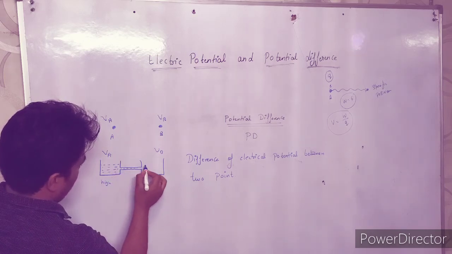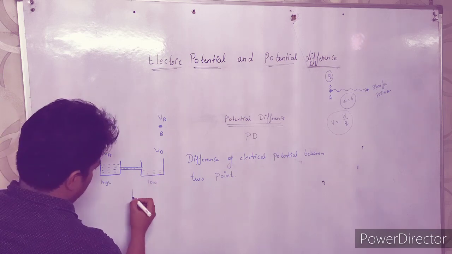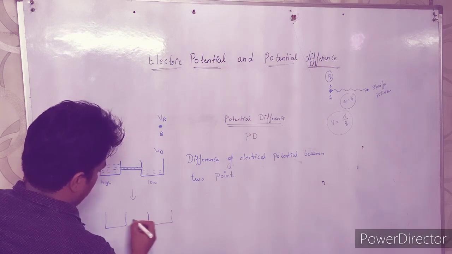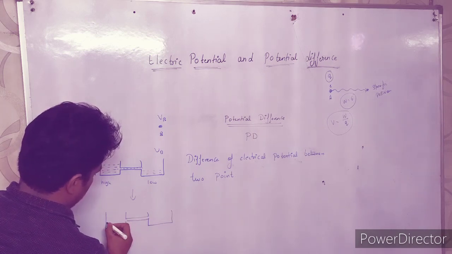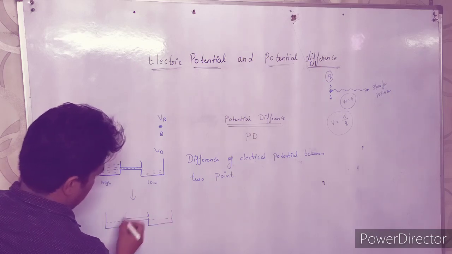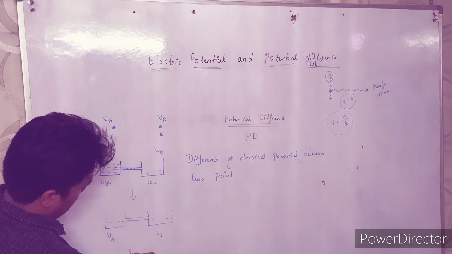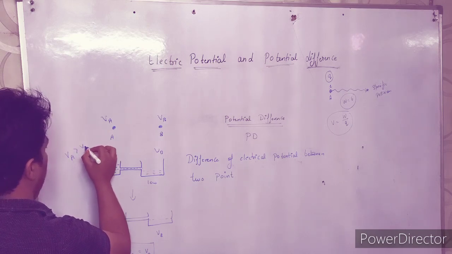It transfers the water from this part to this, and this is filled. After some time, what will happen? Water in both containers becomes equal. In that case, VA and VB are equal. So here VA is greater than VB.